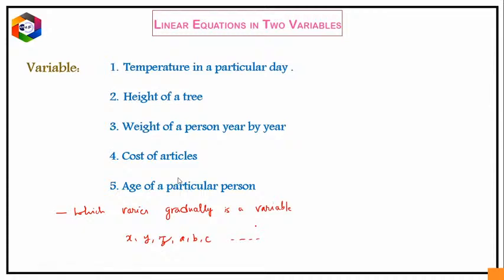I think it is clear for you all, children. So what is a constant and what is a variable? A constant is a quantity which is fixed, which does not change. It can be denoted with numerical values. A variable is a quantity which varies gradually, which is not fixed. These are denoted with alphabets.